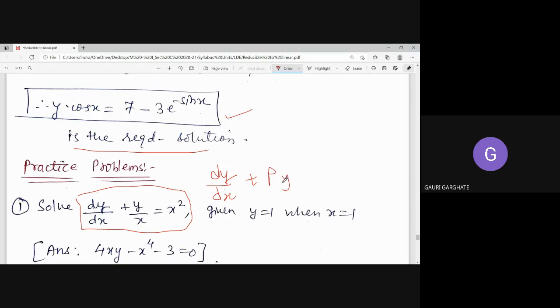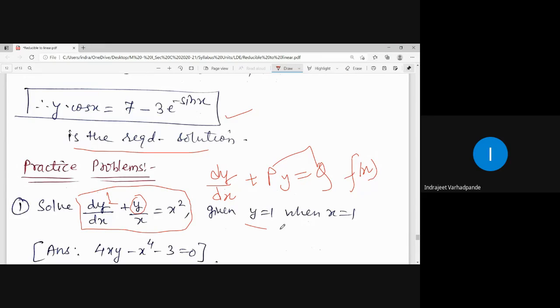Yes, it is a direct question. Because y is linear, its differential coefficient dy by dx is also linear. They are not multiplied together, and p and q are functions of x. So it is a linear differential equation in y.